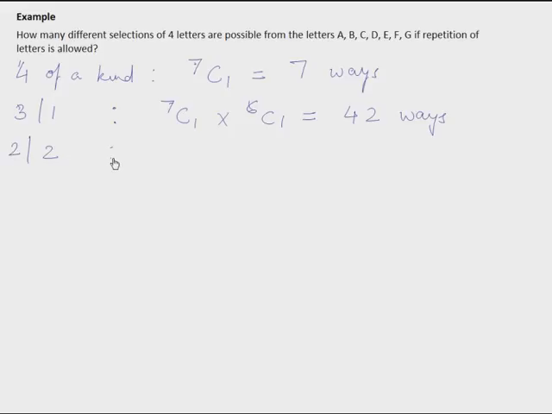How about 2 pairs of 2? Well, so here the situation is I need to pick 2 letters and each of these will then be represented by a pair. So I have 7 letters to choose from and I need to pick 2 of them. 7 choose 2, which is 21 ways.